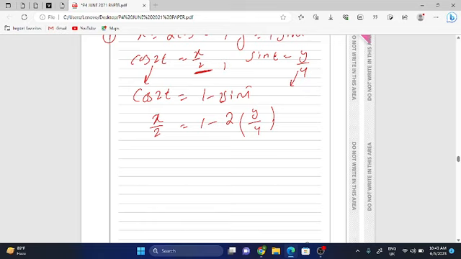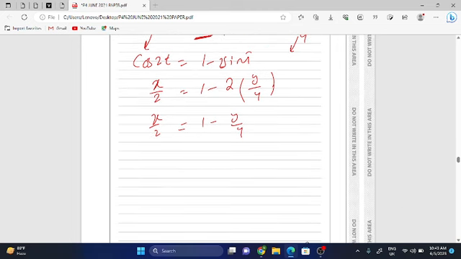So further you can see x by 2 is equal to 1 minus y by 4. Subject your equation in the form of x or in the form of y. First of all, take the LCM: 4 minus y divided by 4 is equal to x by 2.